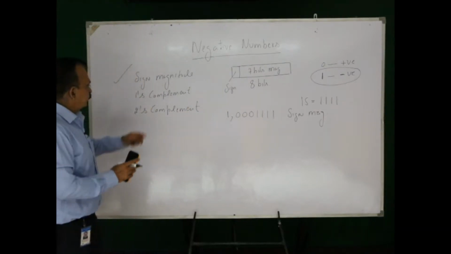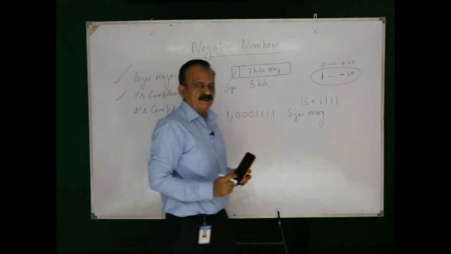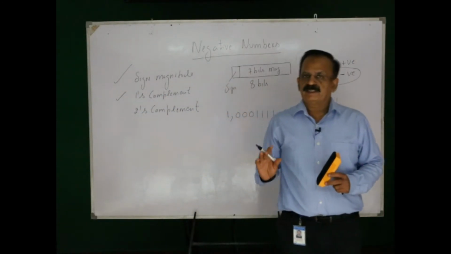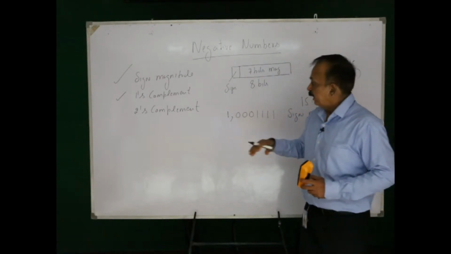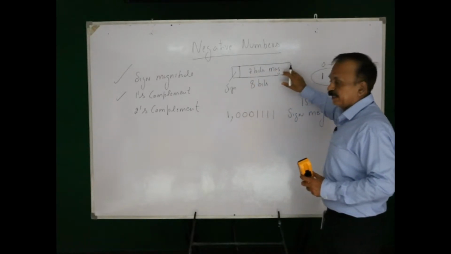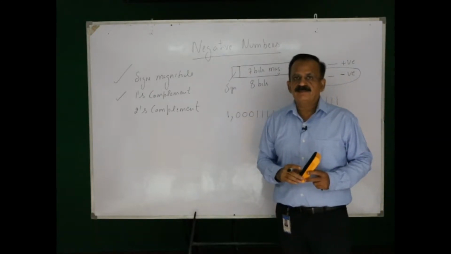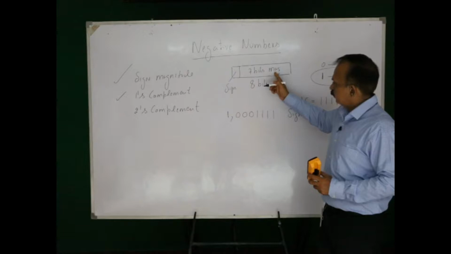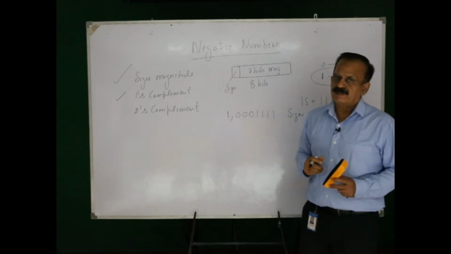The second one is the 1's complement method. In the 1's complement method, one bit is used to represent the sign, and the remaining will be indicating the 1's complement of the number. This is important: instead of the magnitude, it will be representing the 1's complement of this magnitude.